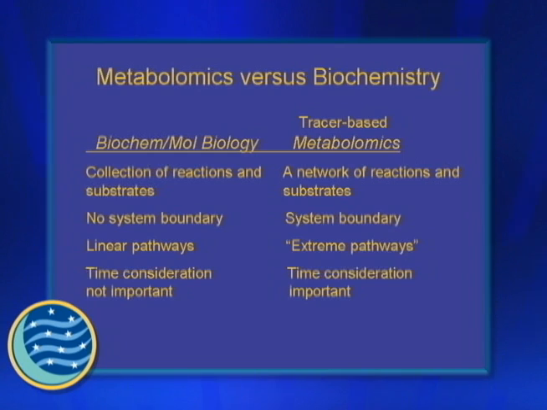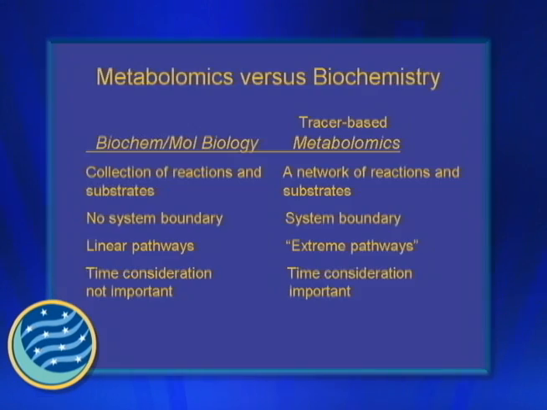So just to reiterate the differences between traditional biochemical molecular biology versus tracer-based metabolomics. Chemistry and molecular biology look at a collection of objects, reactions of substrate, whereas tracer-based metabolomics looks at the network and the reaction of the network in response to substrate.